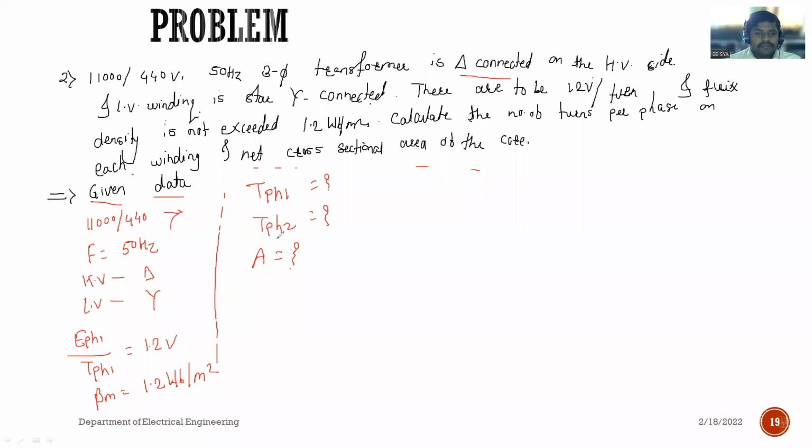Try करा. Attendance. All of you try to solve and tell me the number of turns, that is TPH1 on the primary side. Hmm?